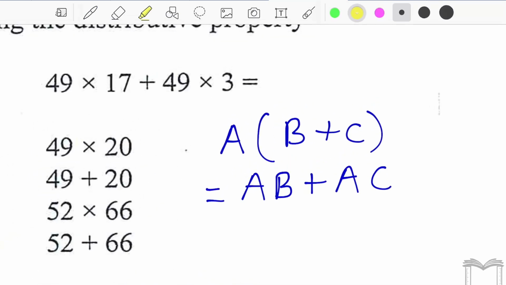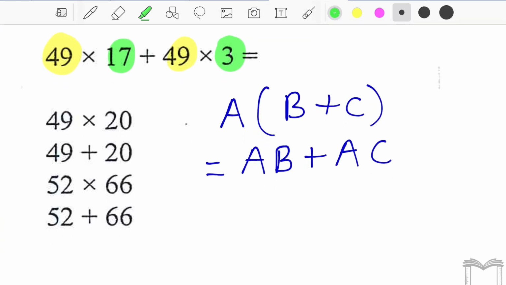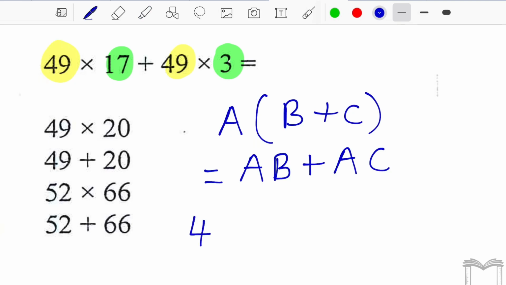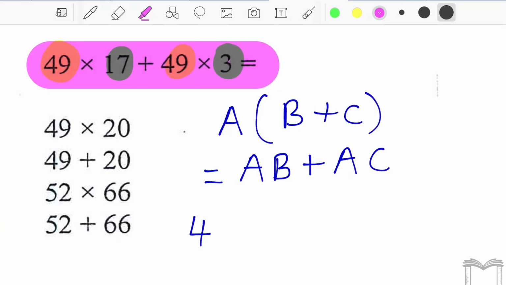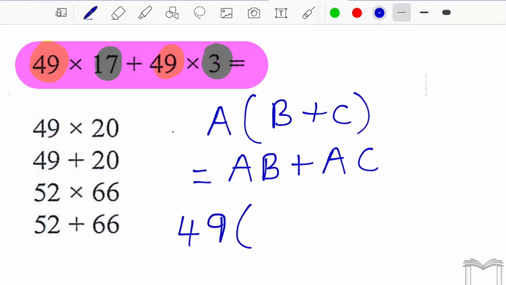So what we are seeing here is the 49 is like the A, and the 17 is like B, and the 3 is like C. So what we are doing here, we consider this expression on top can be written as 49 by open brackets B plus C. As we said, B is 17 and C is 3.